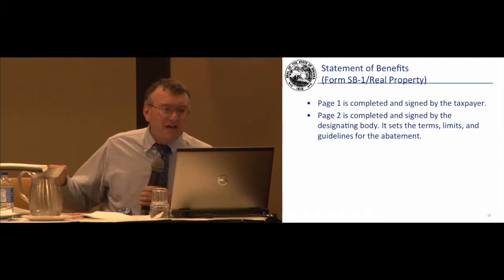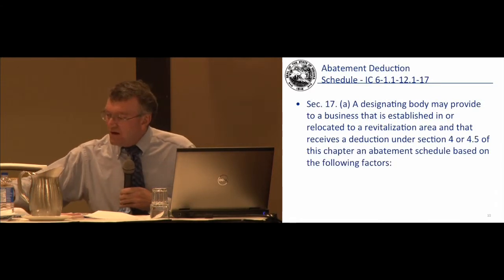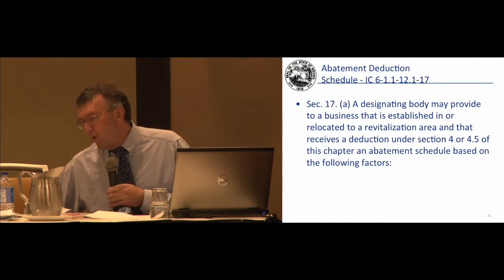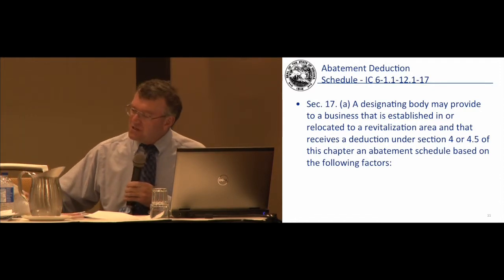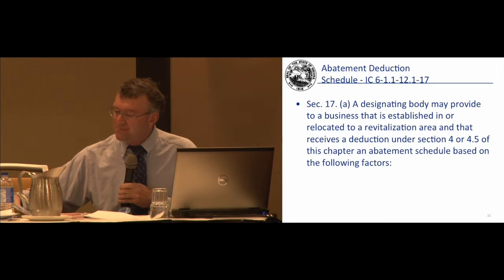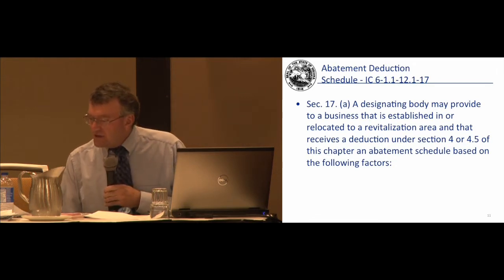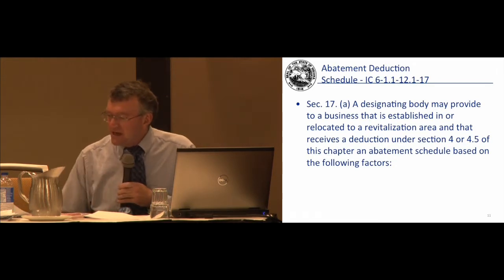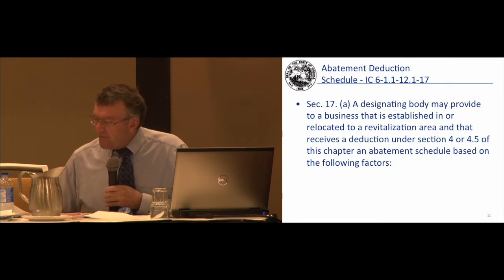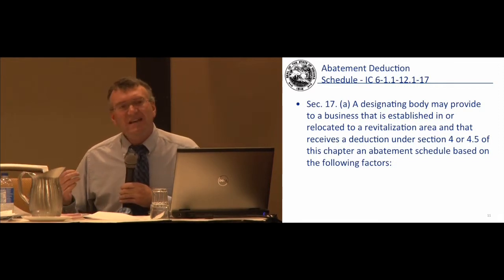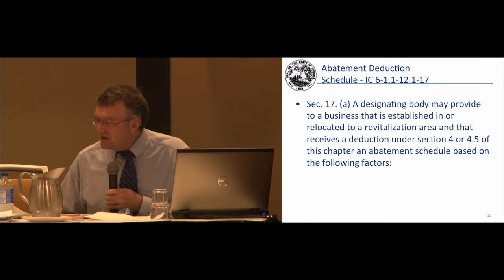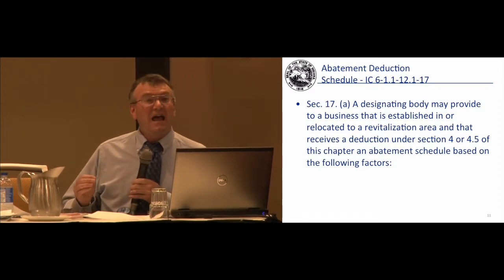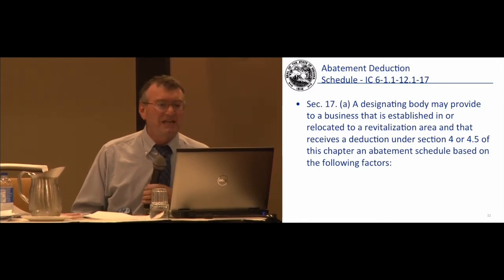The abatement deduction, if you want to go to page 1 of your packet, there's the set of percentages. And you can see there's a set of percentages for real property, a set of percentages for personal property, and then it explains where you can find in the Indiana Code that terminology for abatements granted after June 30th of 2013.